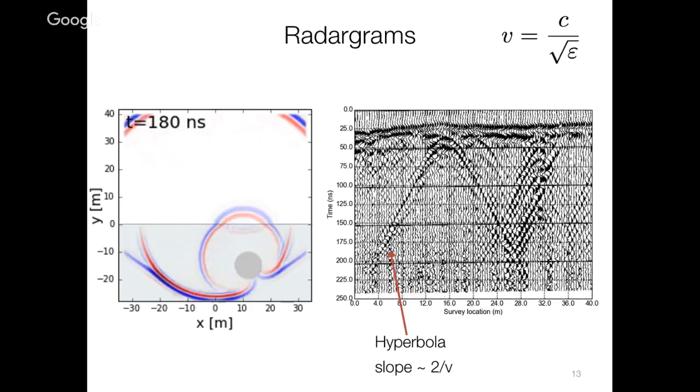We can use that for a couple things. One is if the object is going to be directly underneath where the apex is here. And then this parabola depends upon what the velocity of the wave is in here. So we can actually get the velocity of the wave, we know where it is, and we could convert this to depth.